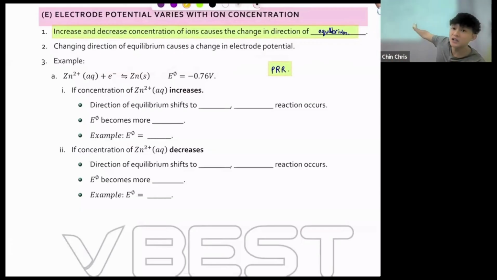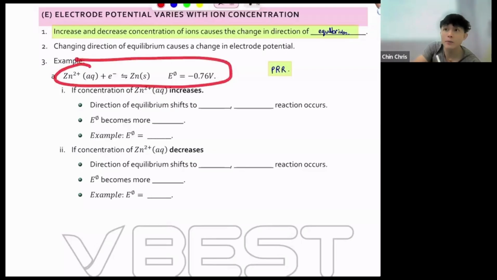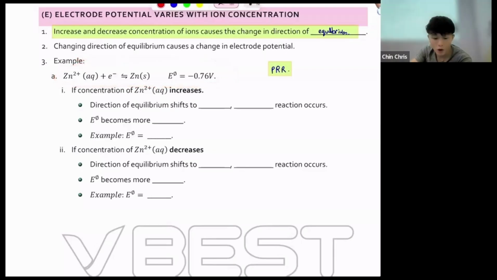Okay, guys, we have PRR here. The rule to follow is just PRR. Alright, guys, you see, right? This is my standard E naught potential. Okay, guys, if you increase concentration of Zn, what's going to happen? So, guys, when concentration of Zn2+ increases, direction of equilibrium will shift to the right. So remember that a forward reaction will occur, correct?